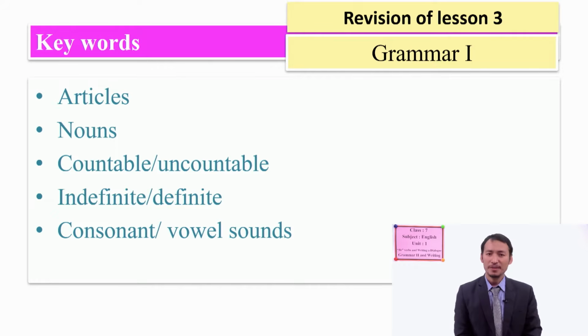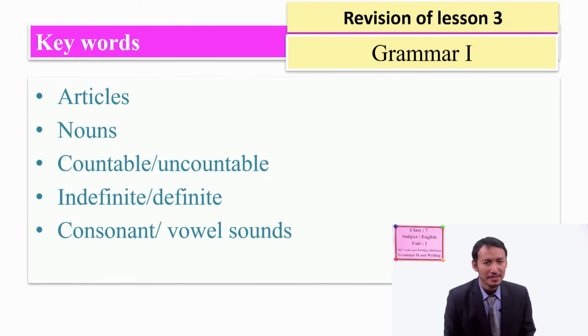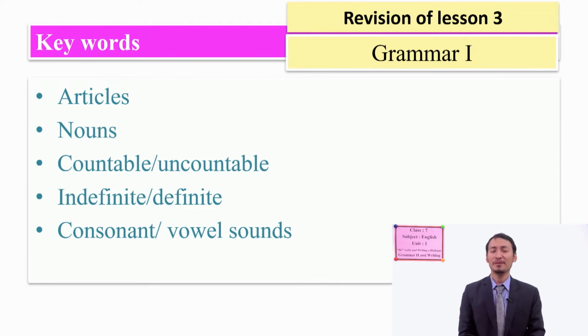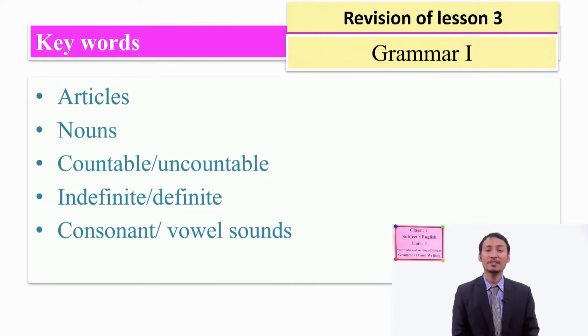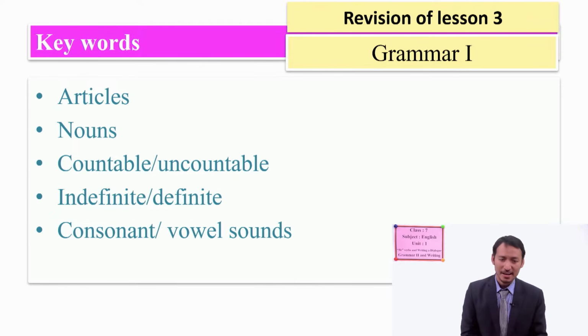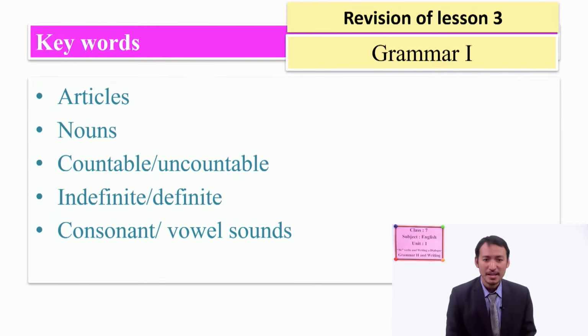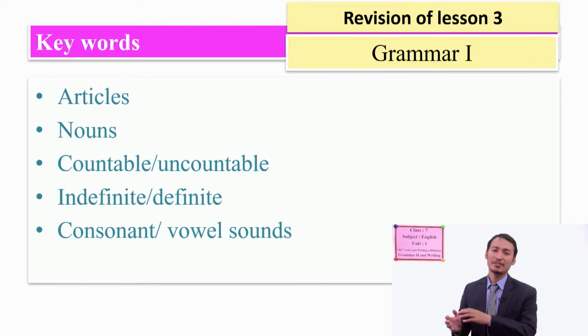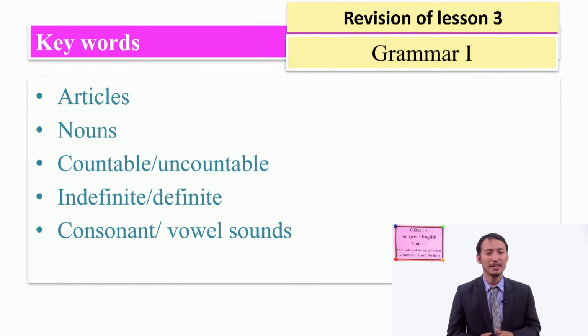So what do you know about countable nouns? Can you give me some countable nouns? Yes, a bag, a dog, a chair. And what are the uncountable nouns? Yes, you are right. They are water, milk, sugar, hair, and so on.